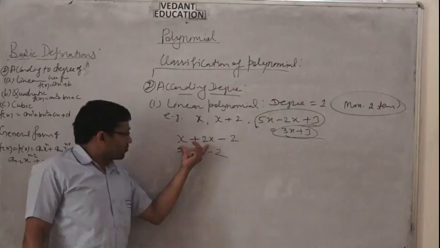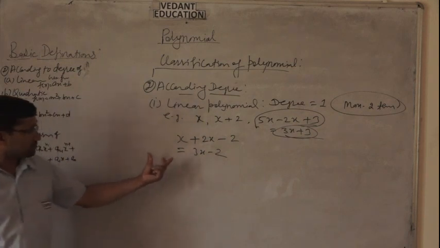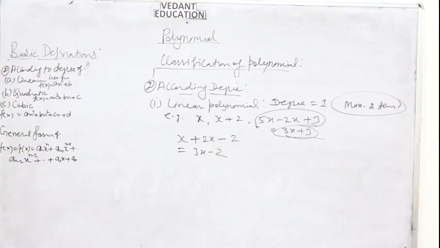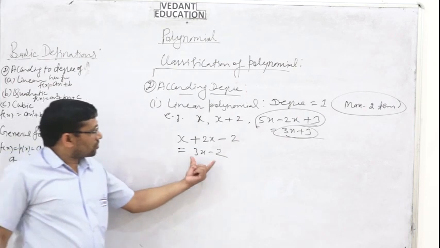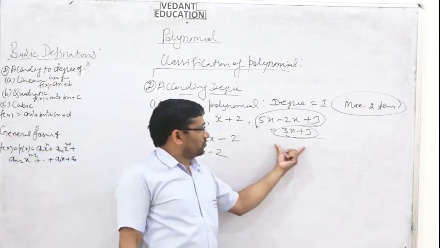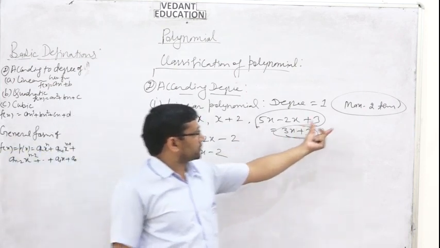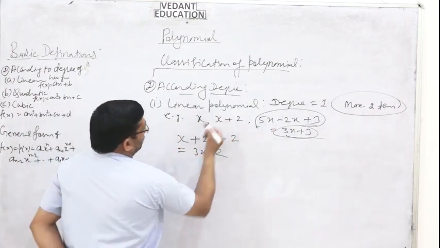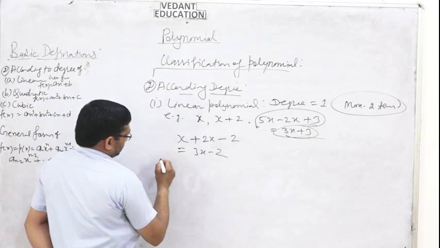So these all are the examples of linear polynomial. Linear polynomial has maximum two terms. It means we can write any linear polynomial in a general form.